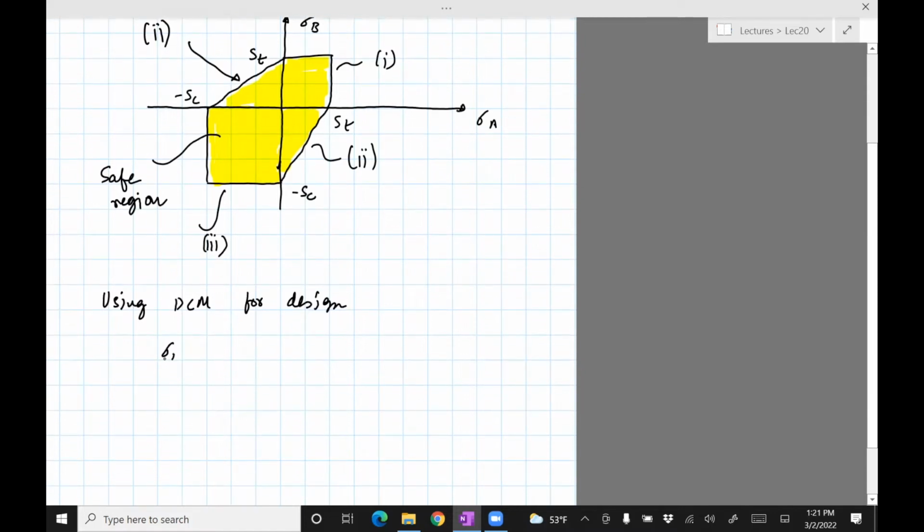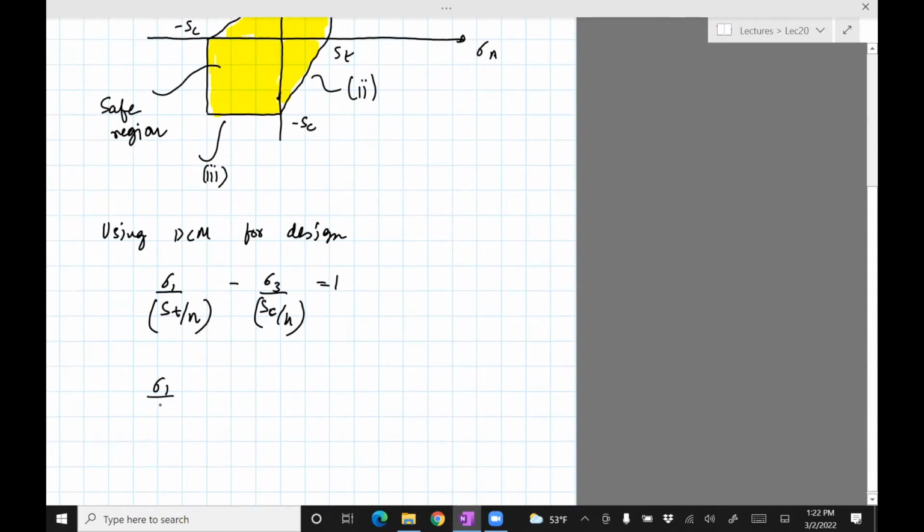So the modification you do is you just divide ST and SC by N. Your actual available stress is 1/N of ST. If there's a factor of safety, you want the maximum stress to be lower than ST by a factor of N. So sigma 1 divided by ST over N minus sigma 3 divided by SC over N equals 1, and if you simplify this, you get sigma 1 divided by ST minus sigma 3 divided by SC equals 1 divided by N. So that's your design equation.